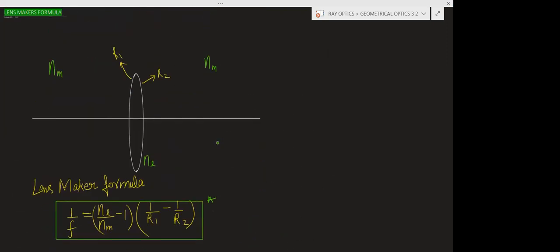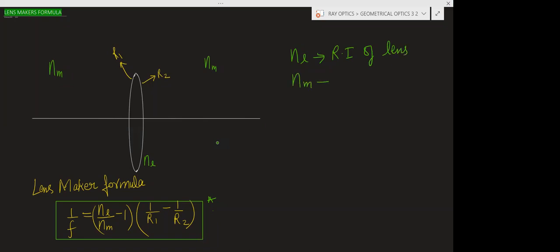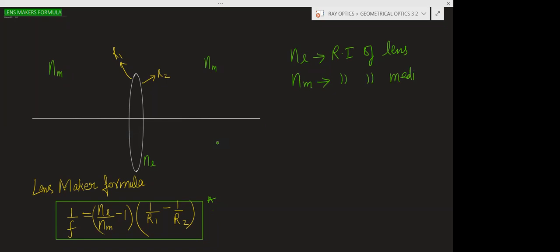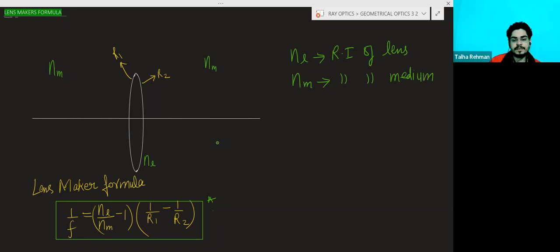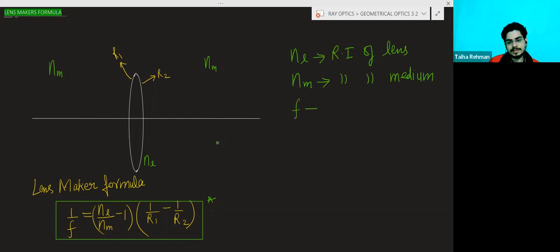N L means the refractive index of the lens. N m is the refractive index of the surrounding medium, and R1, R2 also you know. I already told you. So f is the focal length.